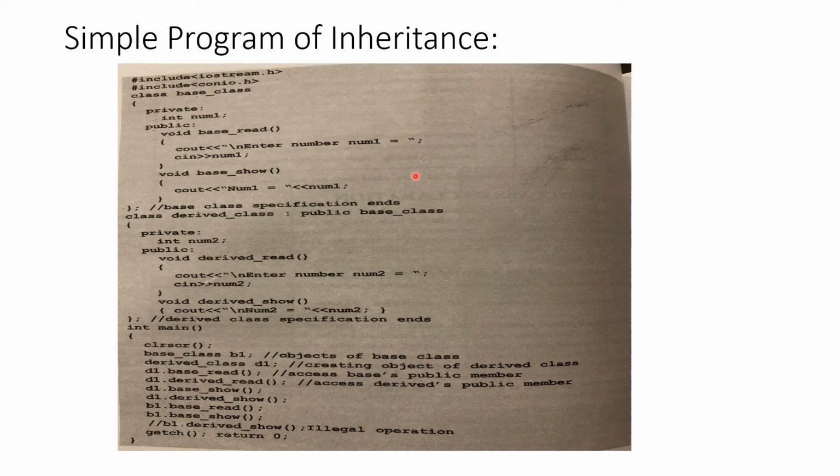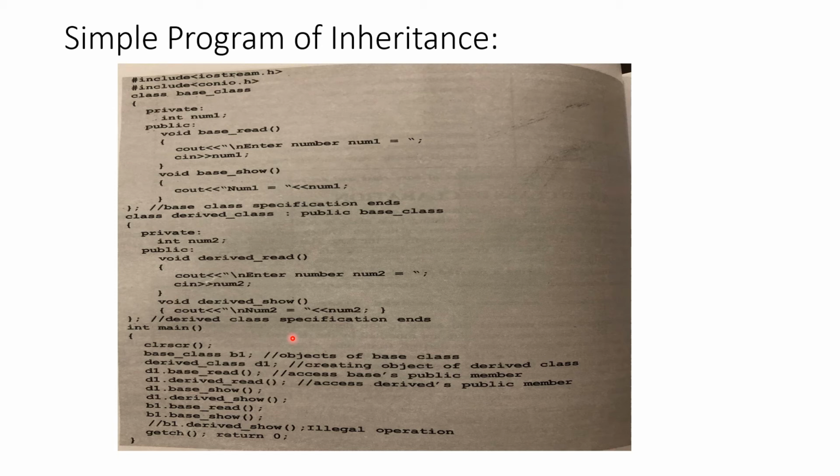Then comes the base class name. We have num2, the additional data member of the derived class, and two member functions, derived read and derived show. Derived read is used to enter num2, and derived show is used to display the value of num2.